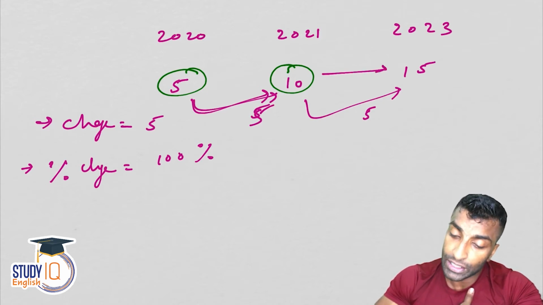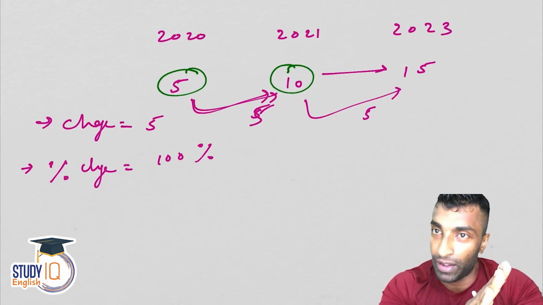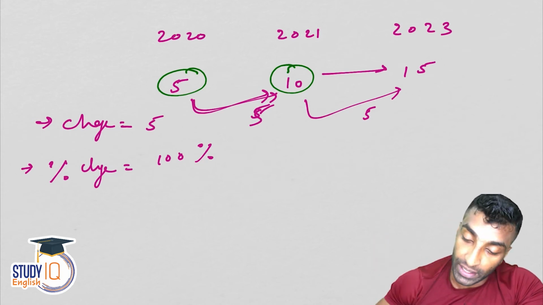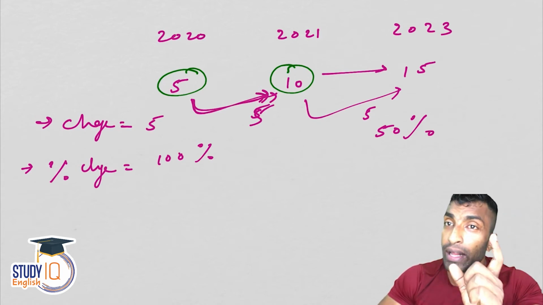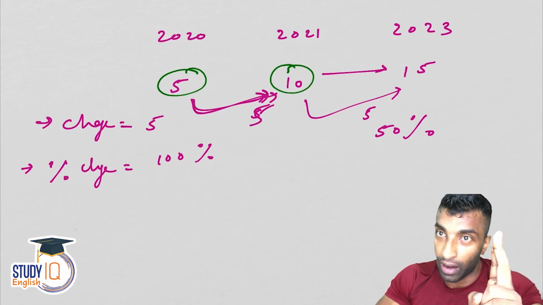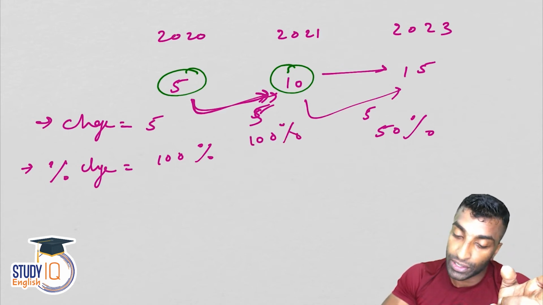But what is the percentage change? 10 to 15, factor of multiplication 1.5, minus 1, 0.5. Add two zeros, 50% change. So here 50% change is there. 5 to 10, factor of multiplication 2, minus 1, 1. Add two zeros, 100. So here I have a 100% change.